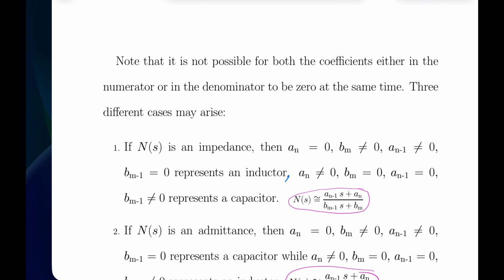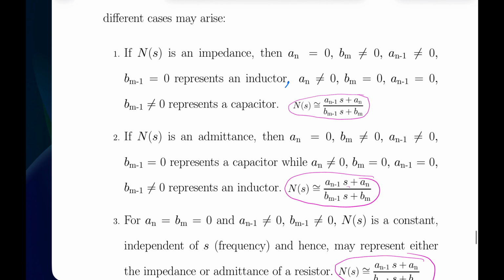Clear? In the next case, I take a(n-1) equal to 0 and bm equal to 0. So this term is 0, and we have now an upon b(m-1) into s. This is 1 upon j omega. So this will represent a capacitor.